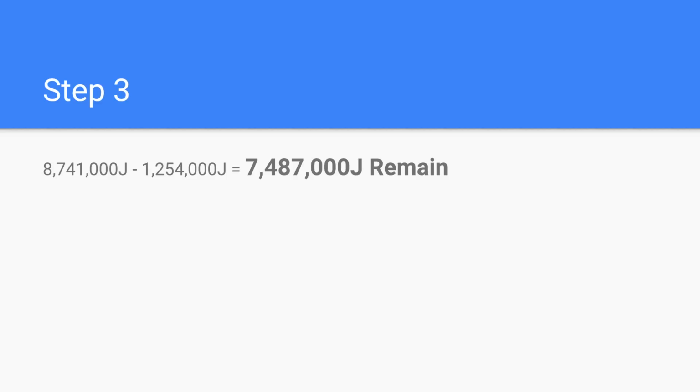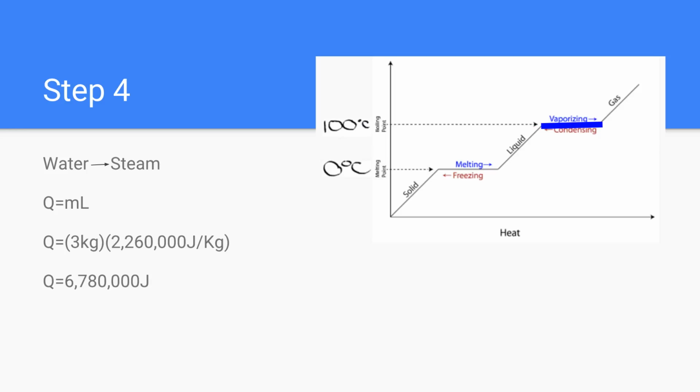This now will lead us into step 4, in which we are vaporizing the water into steam. So yet again, in this process, the temperature is unchanged, so there is no delta T, but there is also no specific heat. We will have to use the latent heat.